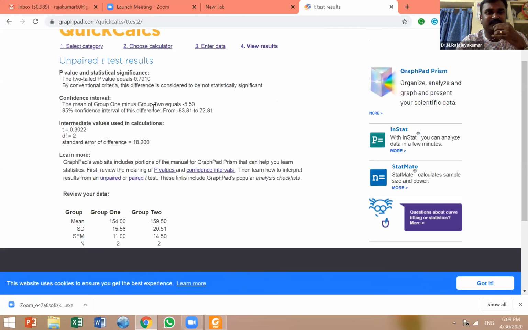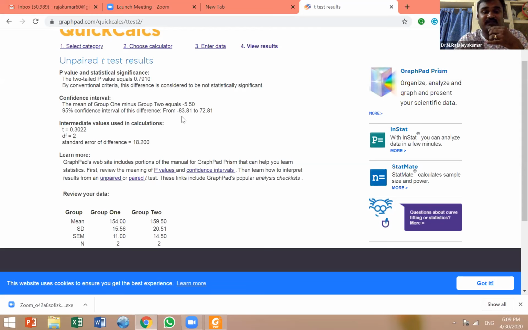I typed only two variables, you can type more. Okay, so here what you have to see, this two-tailed p-value is very important. You have to check it. This p-value is not significant because it is not less than 0.05. Then you can see the 95% confidence interval. Now we are going to check whether the p-value is significant or not based on the confidence interval.